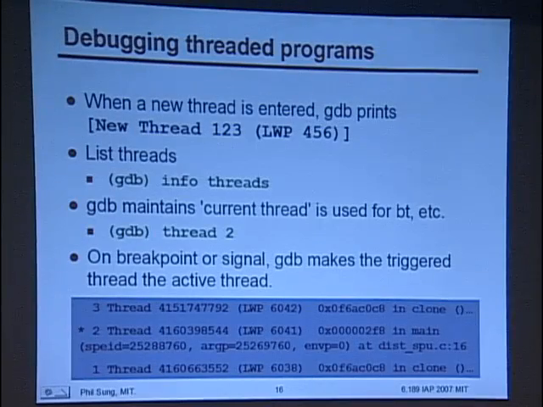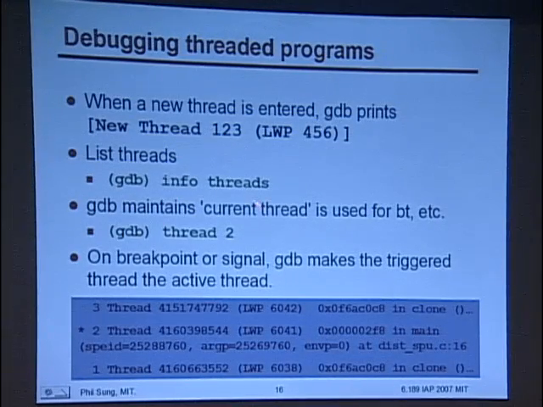OK, so to get a list of threads, you can type info threads. And GDB always maintains this thing called the current thread. And by default, when you do many of these other actions, they're going to apply to the current thread. And so to examine things about other threads, you're going to have to change the thread. And to do that, you do thread and some number.